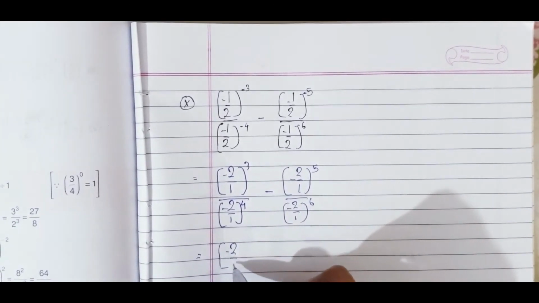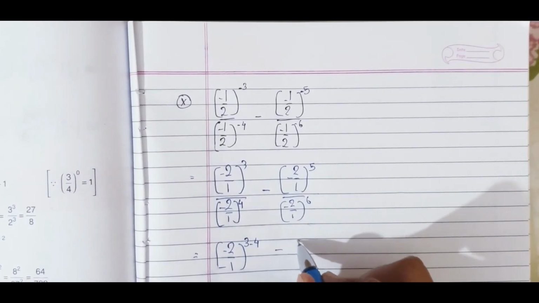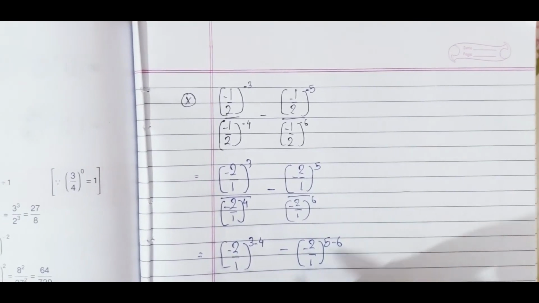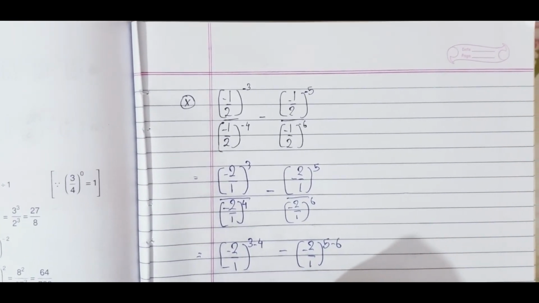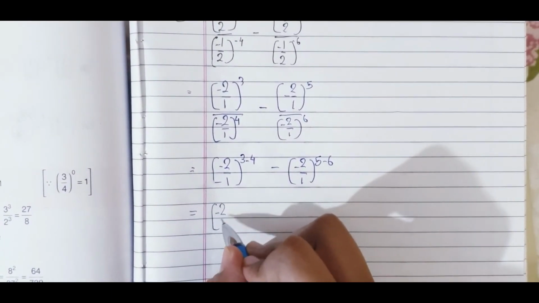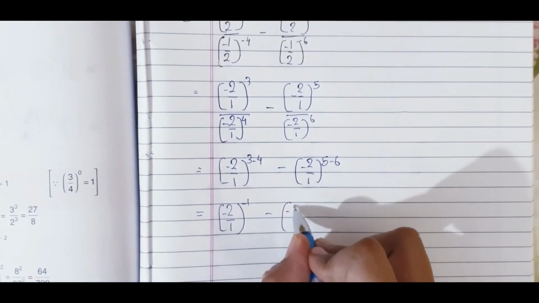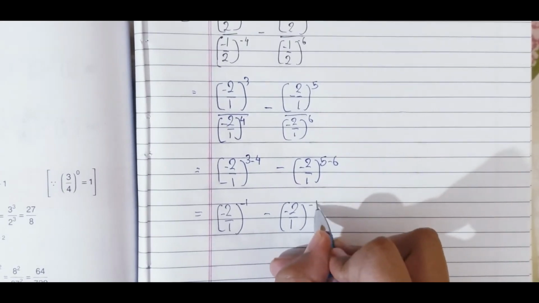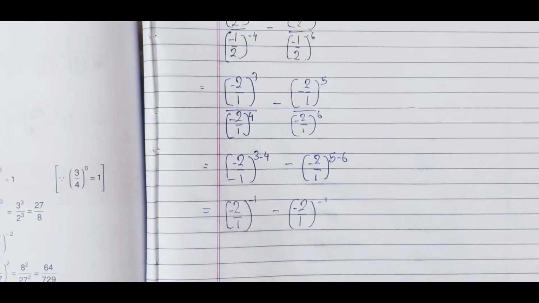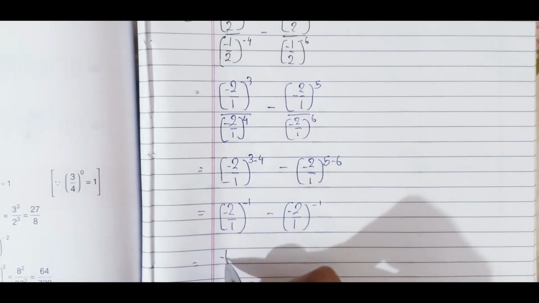So (-2/1)^(3-4) into (-2/1)^(5-6). So it is (-2/1)^-1 into (-2/1)^-1. Now again the answer has a negative power, so we have to make it positive. So again it will be minus half.